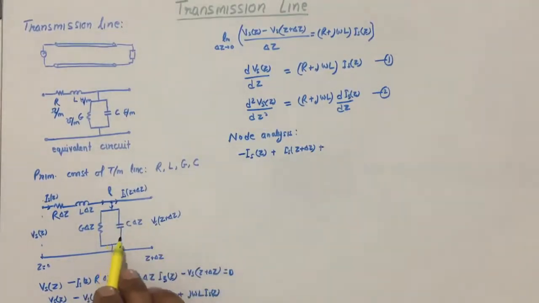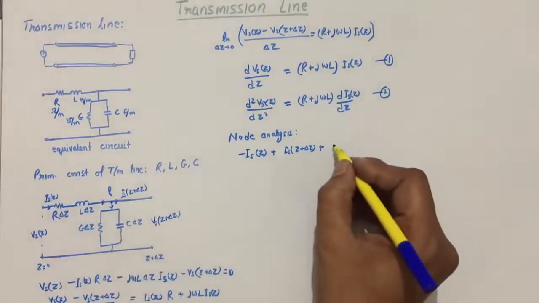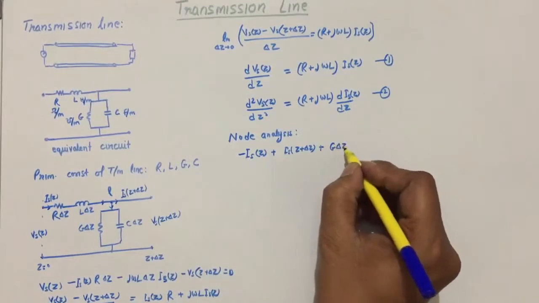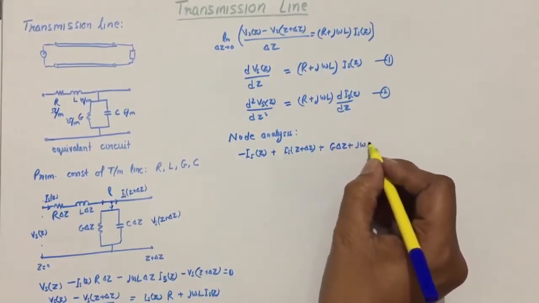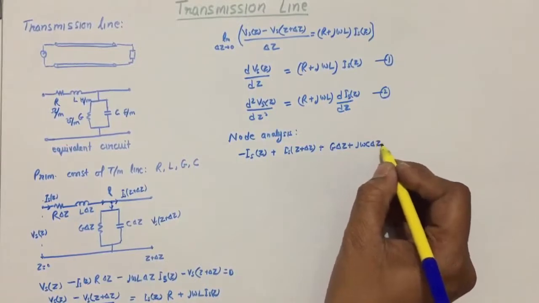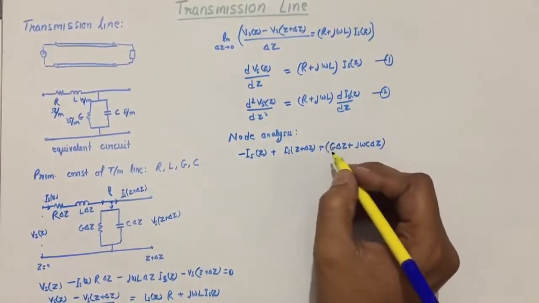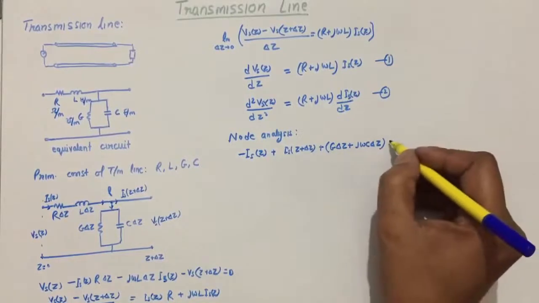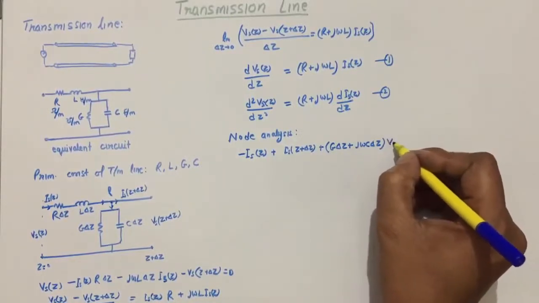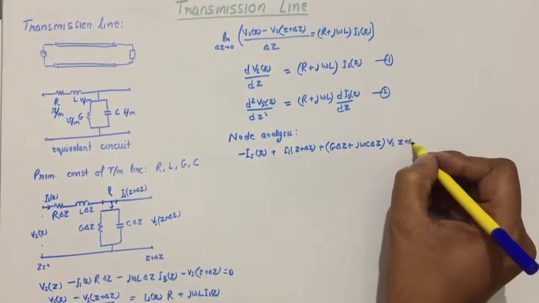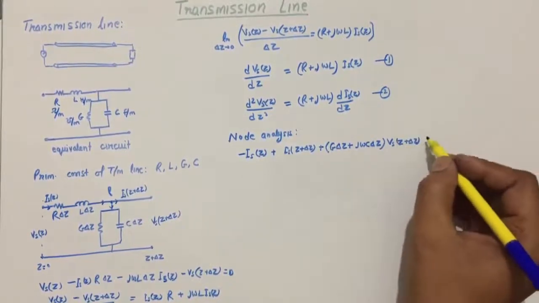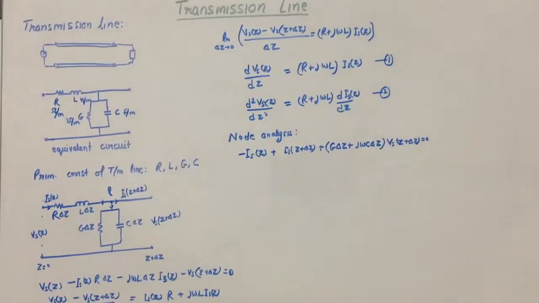The conductance will be GΔz plus CΔz, so here we can write GΔz plus jωCΔz, the conductance for voltage V(z + Δz). The sum of the currents will be equal to 0 at any particular node.